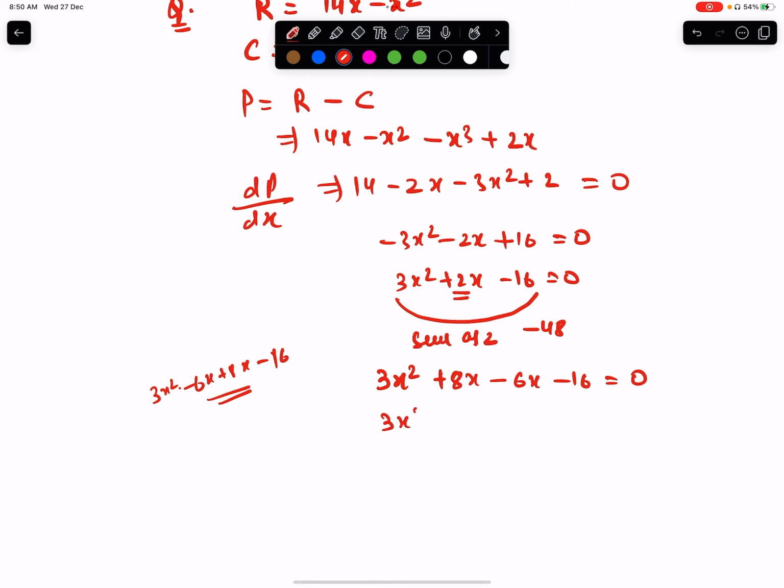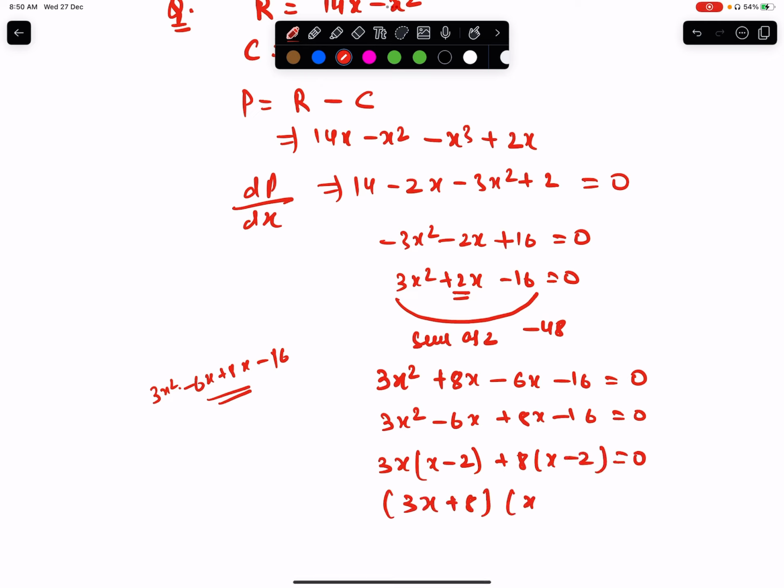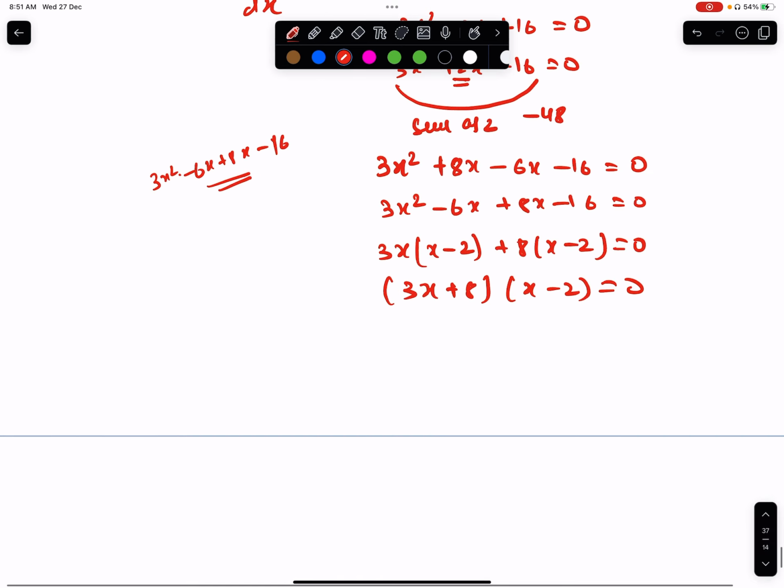So we can write it as 3x square minus 6x plus 8x minus 16 equals 0. Taking 3x common, 3x times x minus 2 plus 8 times x minus 2 equals 0. So this is (3x plus 8) into (x minus 2) equals 0. x equals 2 and x equals minus 8 by 3.